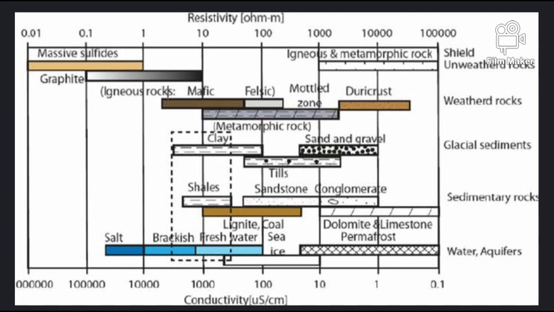This chart is from a researcher, and we can follow it. There are many differences and many variations in resistivity from rock to graphite or clay, saturated clay, sand, silty, gravel.